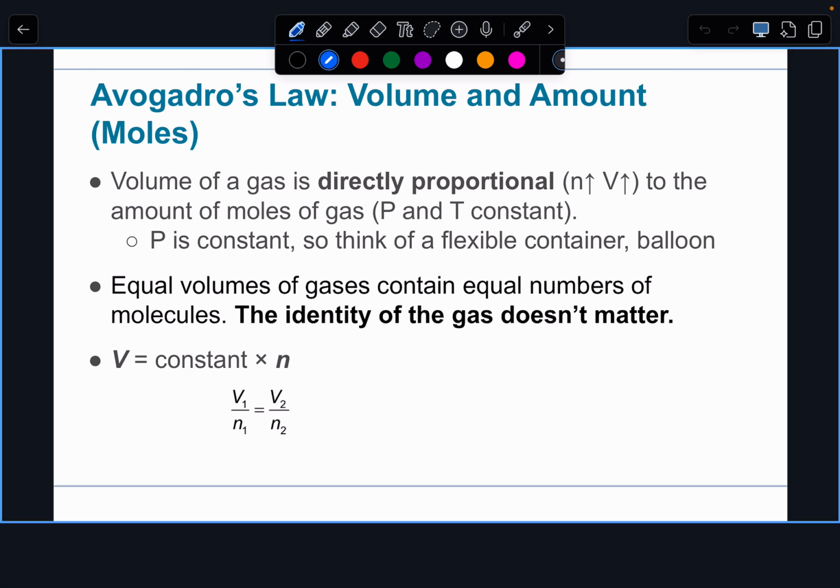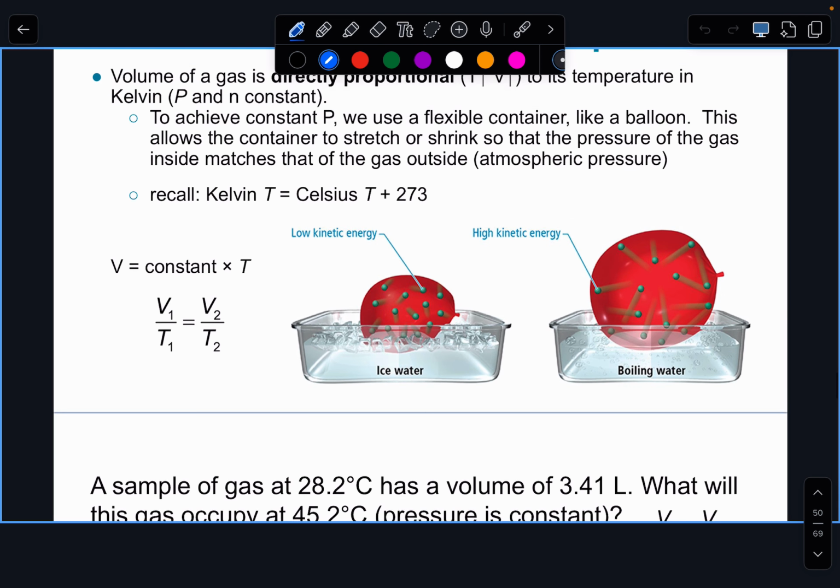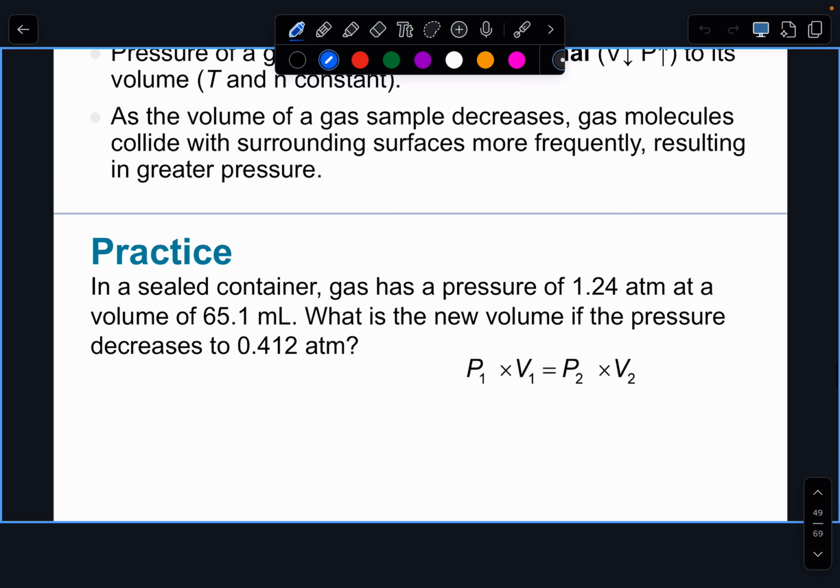So the cool thing is all of these laws, all of these relationships can be treated completely individually. We can say, hey, I have this gas, it has a particular volume, particular number of moles. I add more moles of gas, what happens to the volume? And you can calculate that. Or you can do that with pressure and volume.